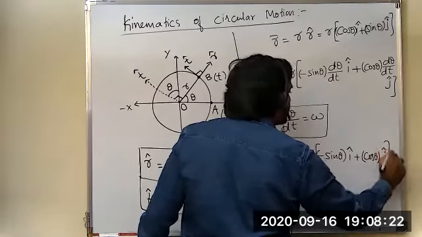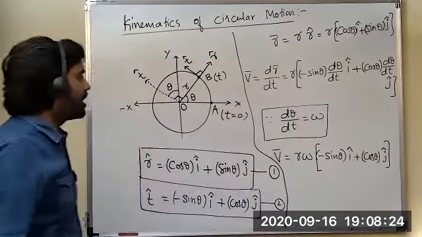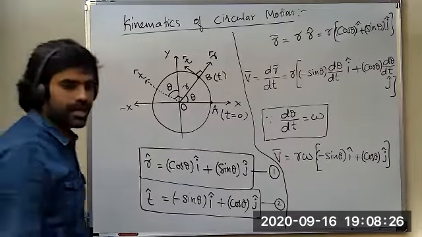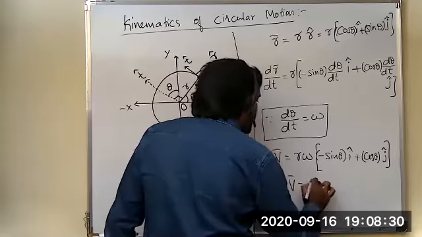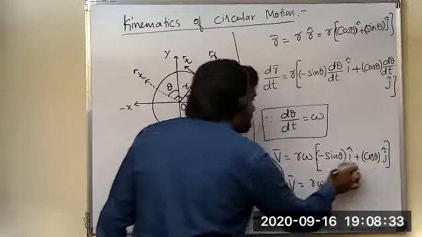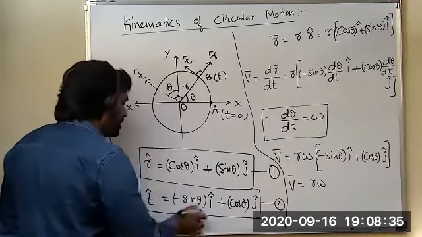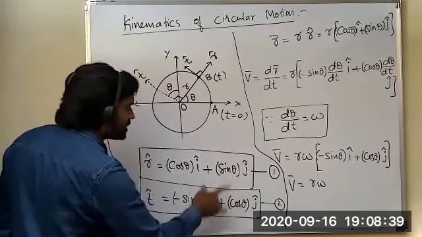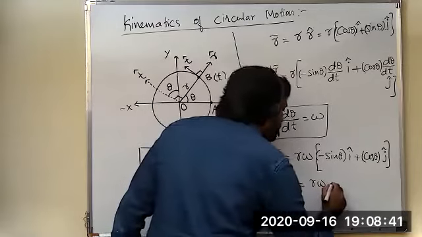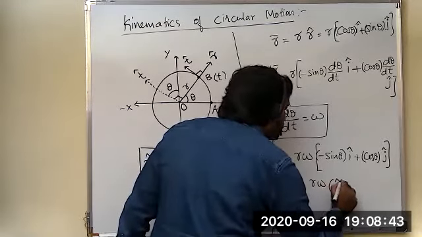So v is equal to r omega into (minus sin theta i cap plus cos theta j cap). This is nothing but the unit vector along the tangent. Therefore, you can write it as r omega into t cap.